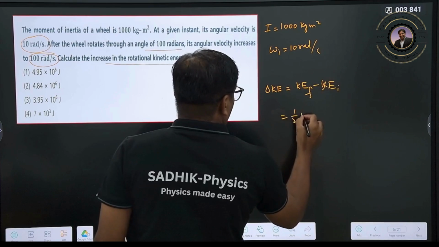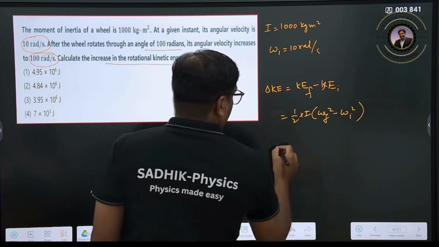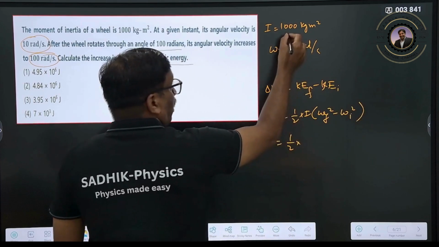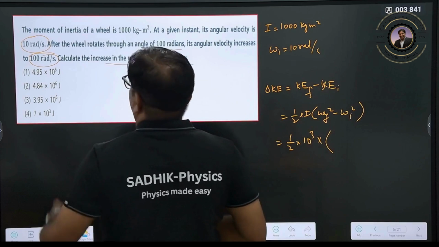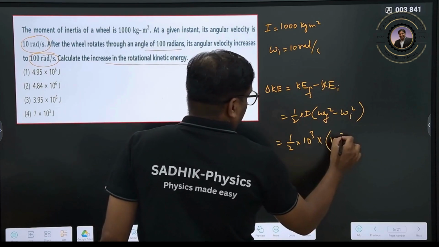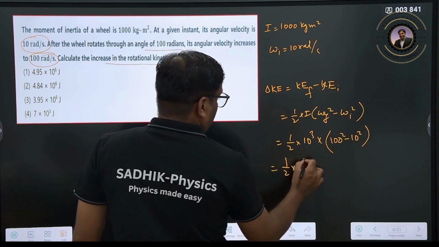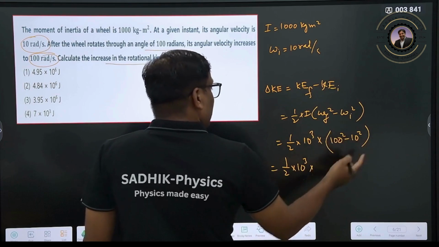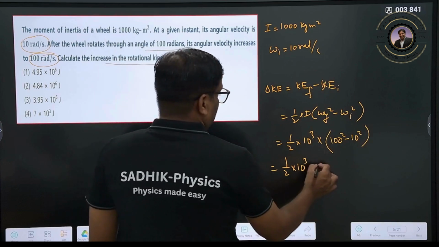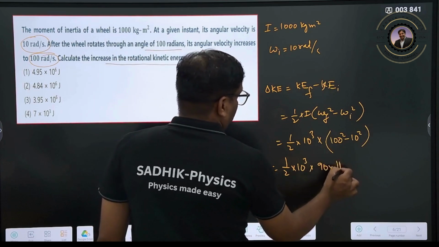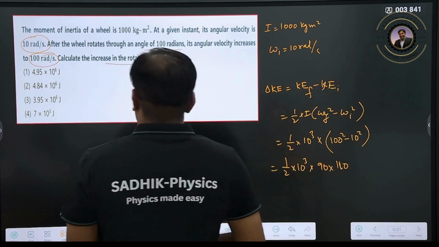So 1 by 2 into I into omega final square minus omega initial square. 1 by 2 I is 1000, therefore omega final 100 square minus 10 square. So a square minus b square means a plus b into a minus b. Therefore that is nothing but 90 into 110. Clear? Then you can solve it.